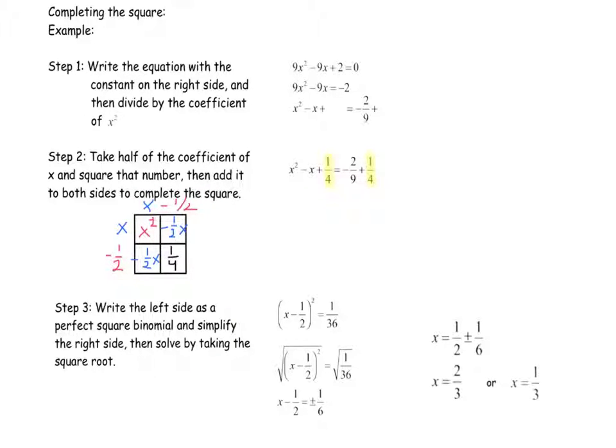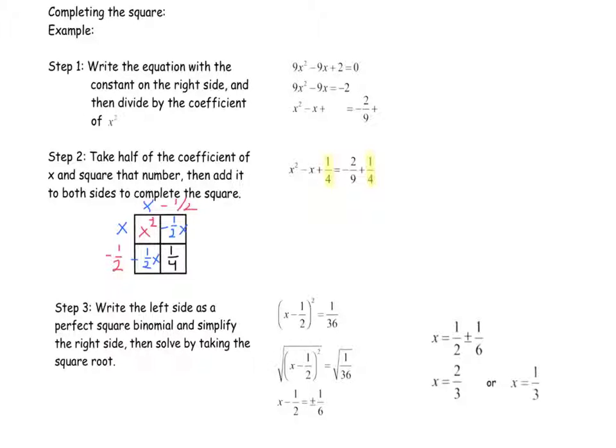And if I combine these two numbers using the common denominator, I will get 1/36. So the next step would be to take the square root. So I will just have x minus 1/2 equals plus or minus 1/6.